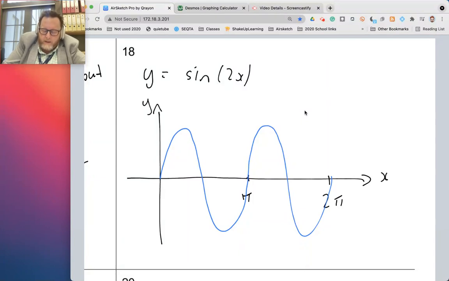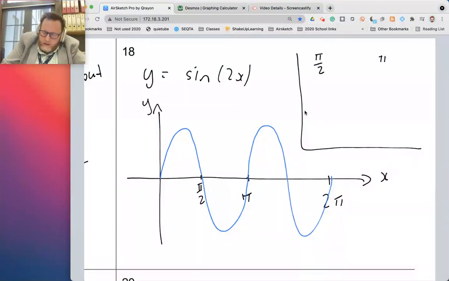So I've got my 2 repeats in there. Now, in terms of working out the critical points, half of pi is pi on 2, so that's that bit there. Between pi on 2 and pi, well, pi can be written as 2 pi on 2, so that's okay.